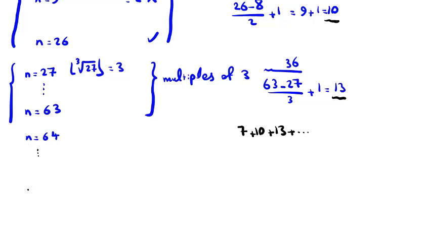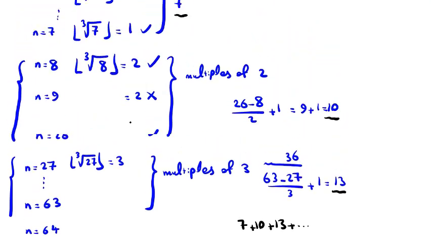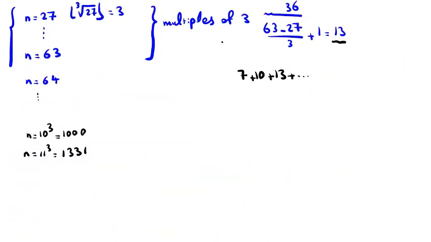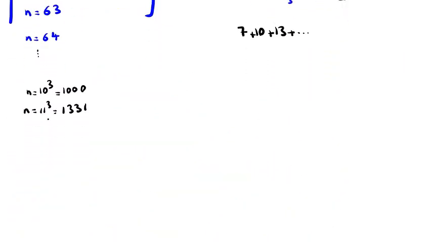So 10 to the power of 3 is 1000. If you consider 11 cubed, it will be 1331. We should calculate until what number? Until 2022 here. Okay, so the next number, if you calculate 12 cubed, it will be what? 1728.